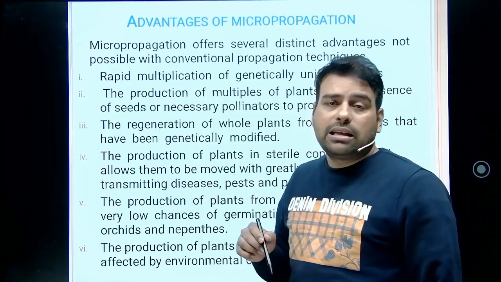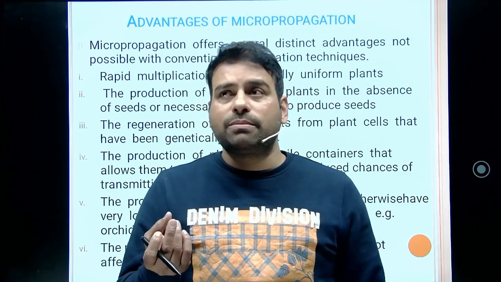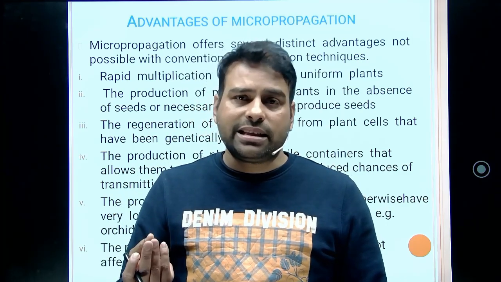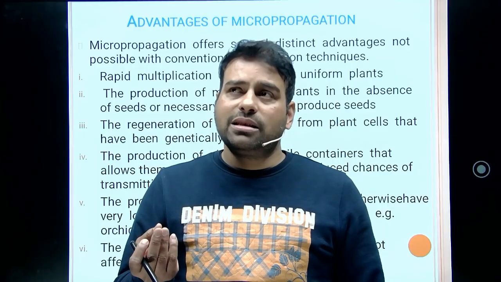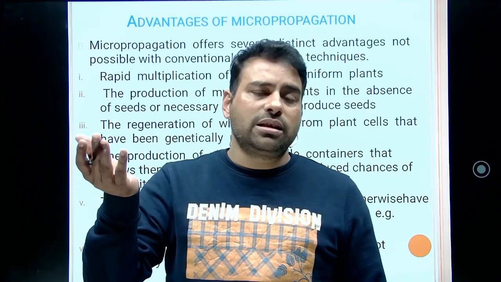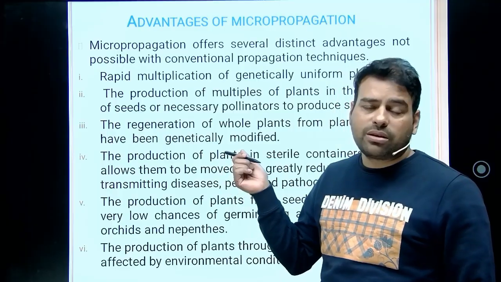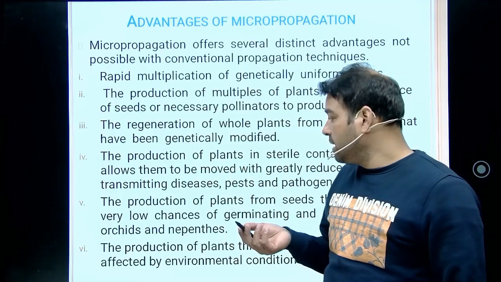In traditional agriculture, when we use planting material with diseases, viral diseases, bacterial diseases, seed-borne diseases, they will transfer to the next generation. But in this case, the disease or pest will not transfer into the next generation.